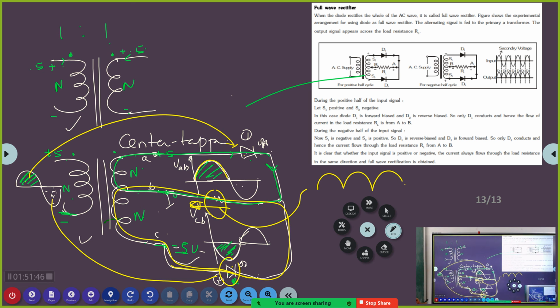See, this diode is conducting, so this point is plus 5 volts with respect to this, and this point is plus 10 volts with respect to this. This diode is conducting, so it is a short circuit, and this point is connected to this point. So this point is plus 10 volts with respect to this. So the peak inverse voltage of this is 10 volts.